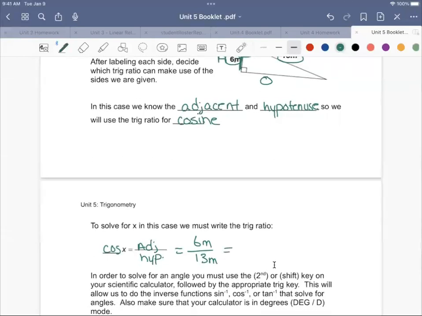So I'm just going to rewrite cos of x so we can see it over here. Cos of x is equal to 6 divided by 13, which gives me 0.461538. We'll round it to 5.